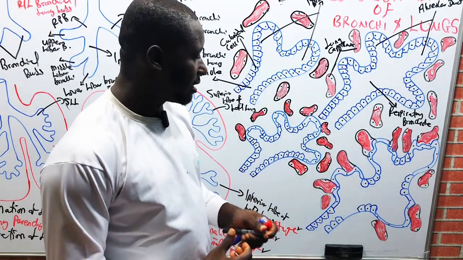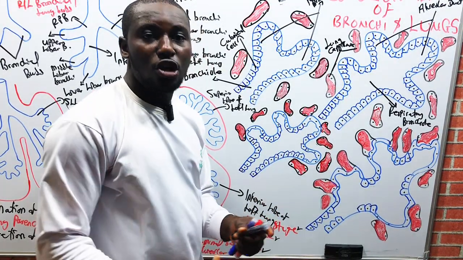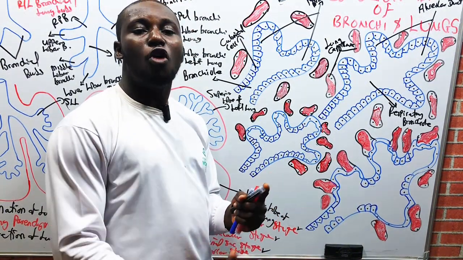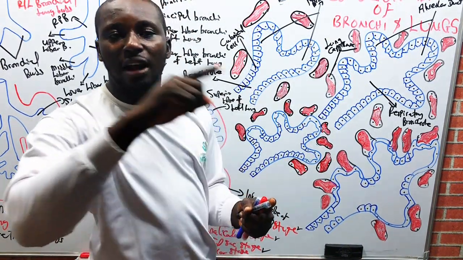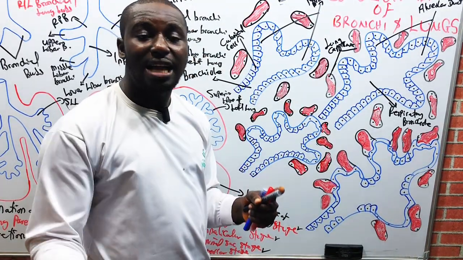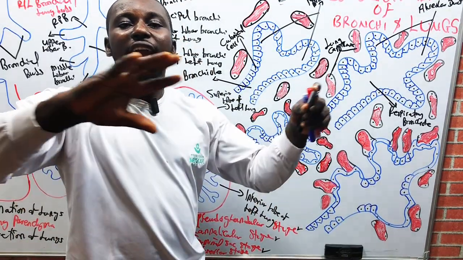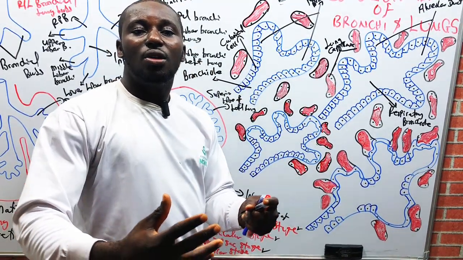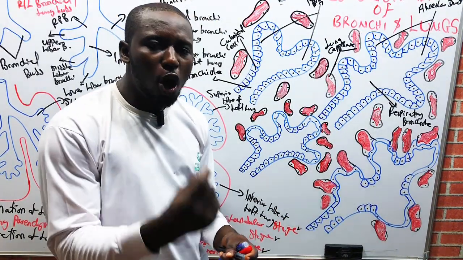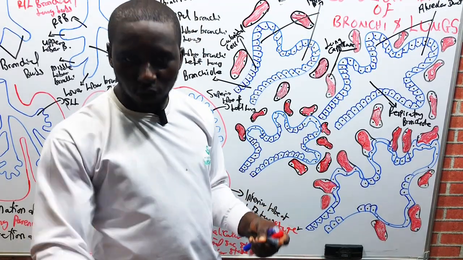Now, in this stage also, the lung capillaries begin to proliferate and form plexus which surround the terminal sacs, right? Now, the epithelial wall of the terminal sacs becomes very thin, thereby allowing those capillaries to bulge into it.